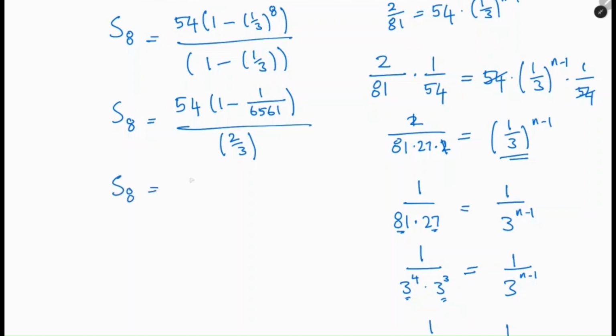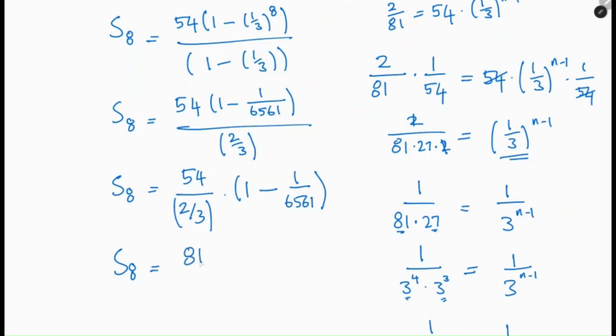S8 is then equal to 54 divided by 2 over 3, multiplied by this whole bracket here, which is 1 minus 1 over 6561. 54 divided by 2 over 3, you will find equals 81.